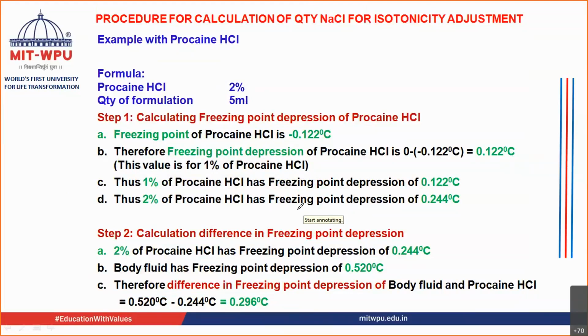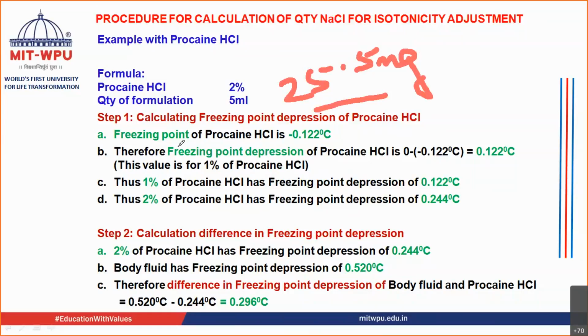If you see over here, it is 25.5 milligram. So in this formulation, if I add 25.5 milligram of NaCl, then my solution is going to be isotonic.